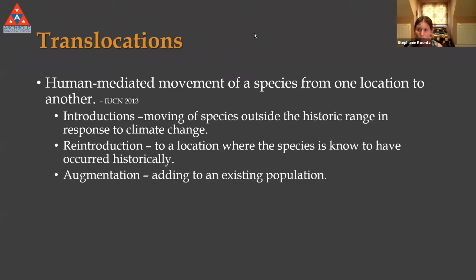We can also have a reintroduction, in which the species was historically known to occur there, but no longer does. We can also have an augmentation, which is when you add propagules to an existing population, to help bolster the population size or help keep it from going extinct. Today, I'm going to focus mostly on an introduction and an augmentation that we did.